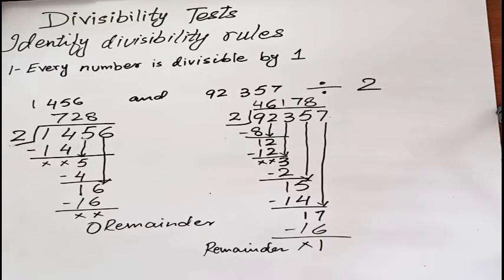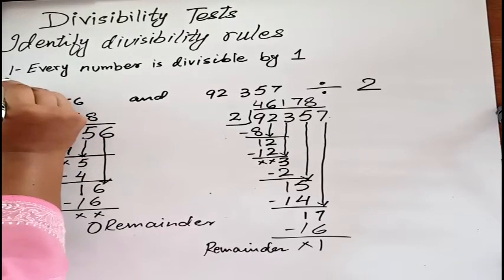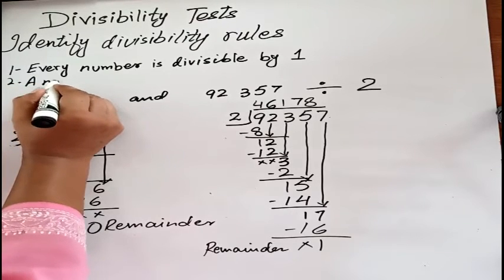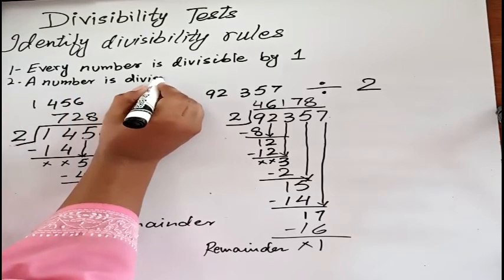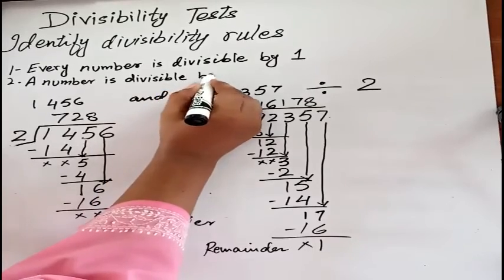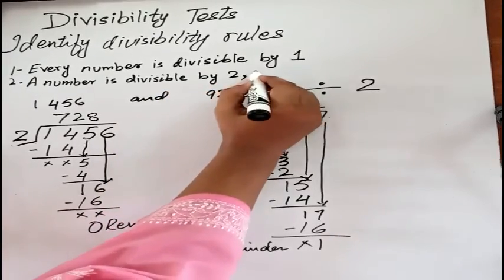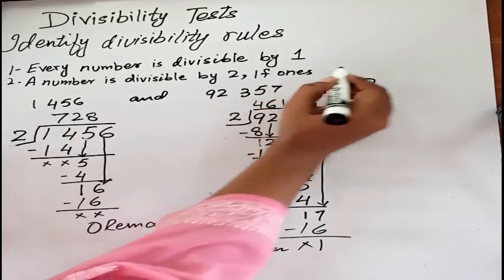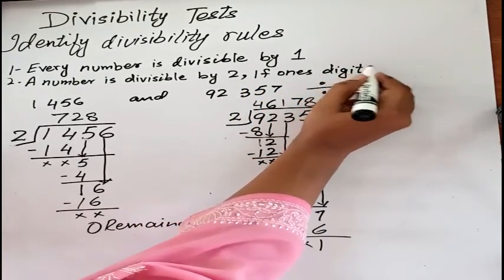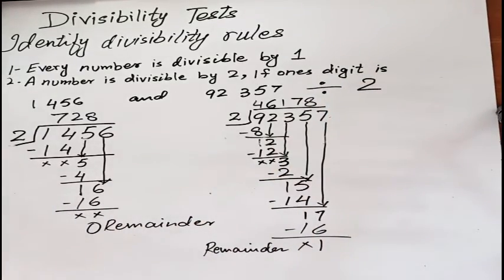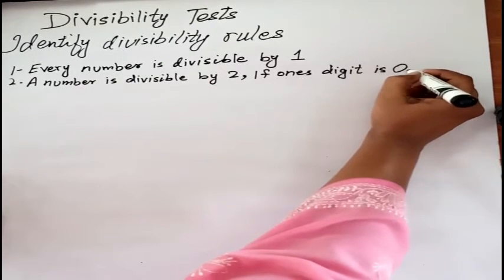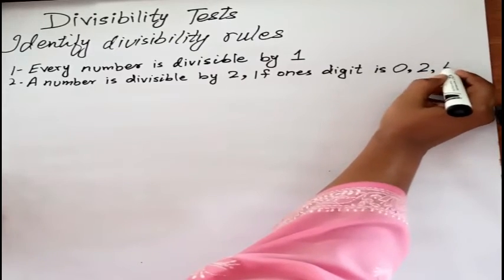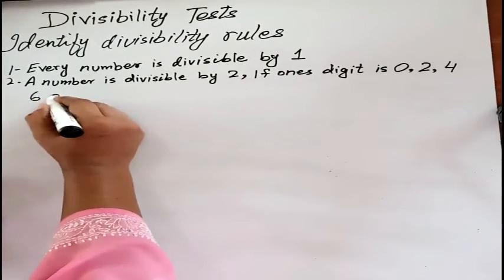So students, the second divisibility rule is: a number is divisible by 2 if one's digit is 0, 2, 4, 6 or 8.